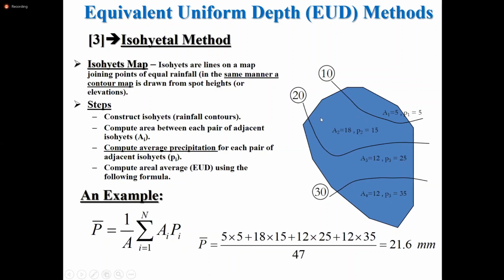So you draw the isohyetal, and then you have three methods: going this direction, going that direction, or averaging in between. So in this case, area A1 is associated with P1.